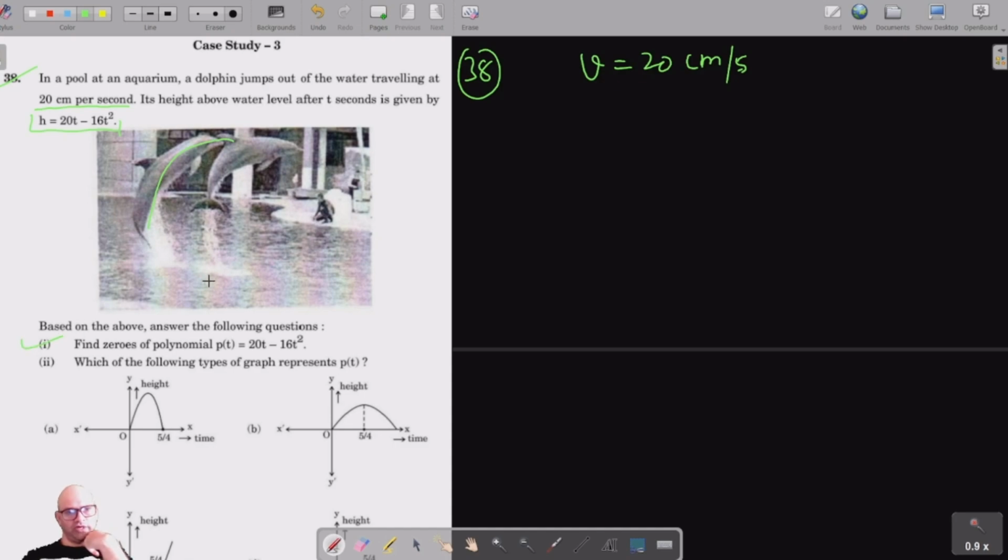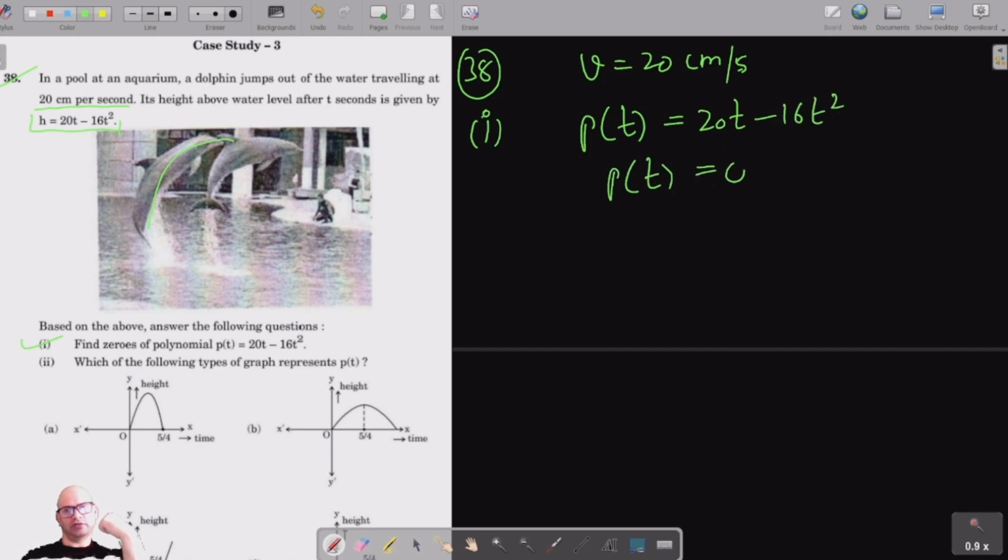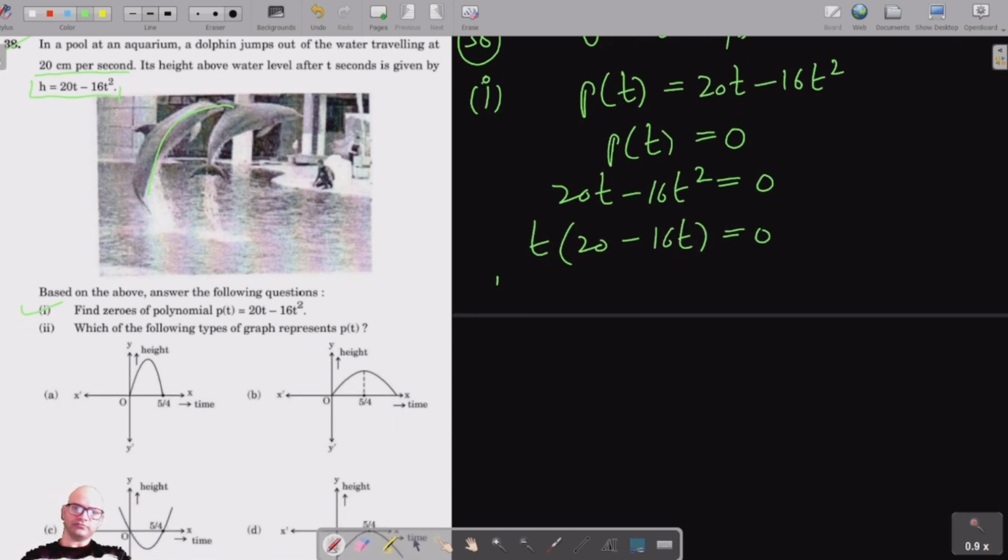Based on the above, we have to find the zeros of the polynomial. So the given polynomial is p of t is equal to 20t minus 16t square, and to find the zeros, let's equate it to zero. So 20t minus 16t square is equal to 0. t is common, so t(20 minus 16t) is equal to 0.